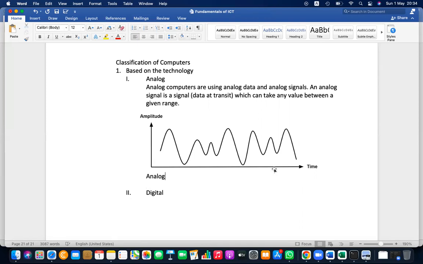Analog data are basic facts about something, someone, or some concept which can take any value between a range.